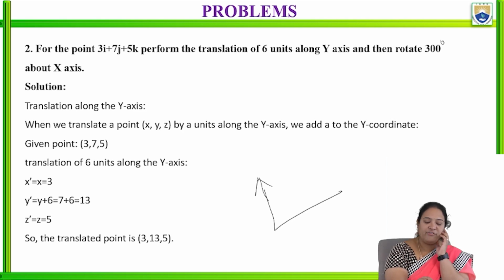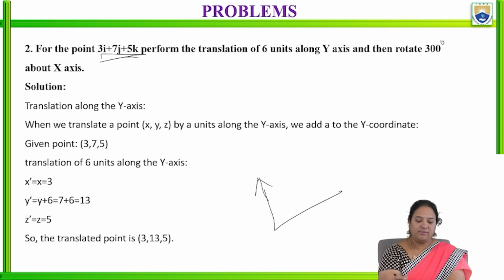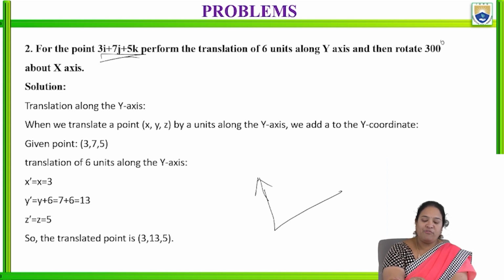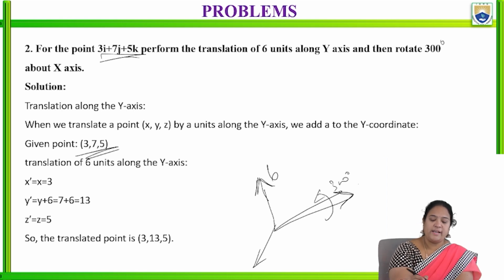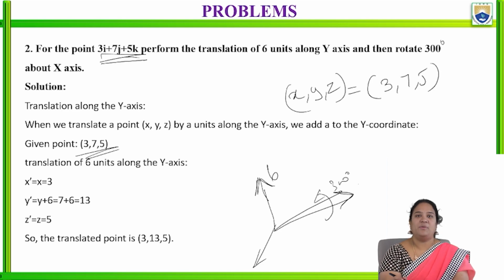We already have the vector 3i plus 7j plus 5k. Along the y-axis it is taking 6 units, and about the x-axis it is taking a rotation of 300 degrees. So x, y, z is equal to 3, 7, 5 from this particular vector.